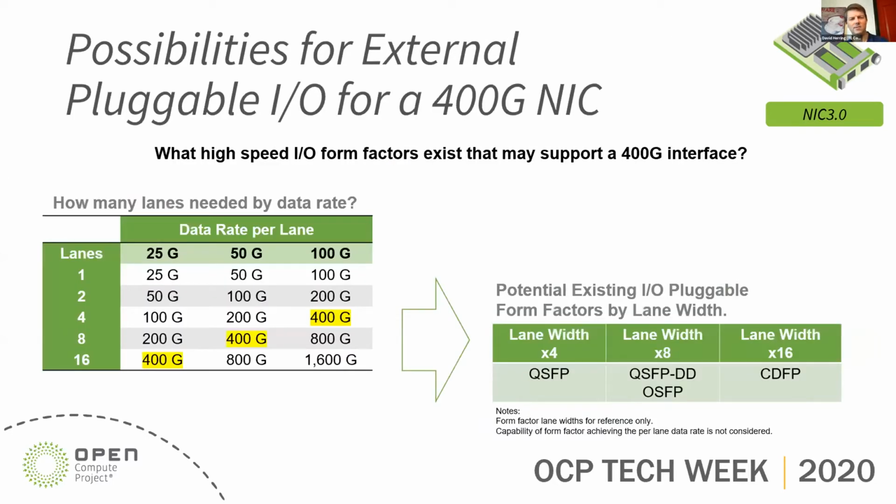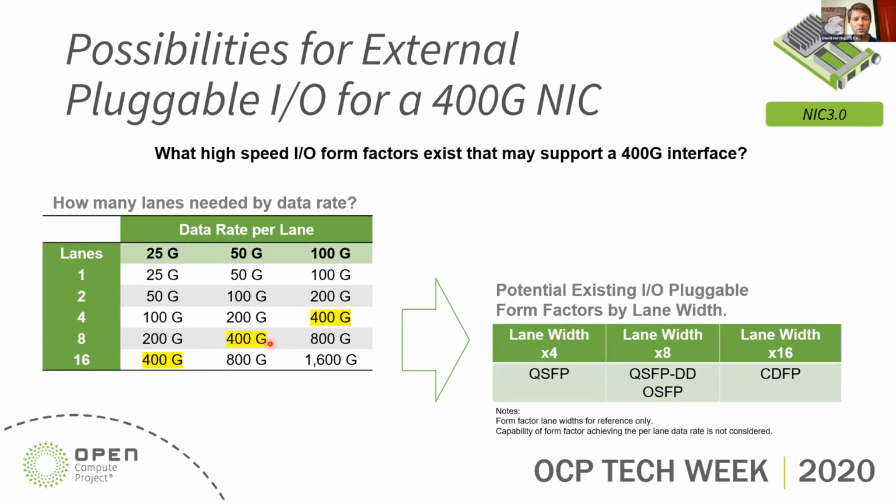So now that we see what the PCIe generations could do to get the bandwidth to the NIC, let's take a look at what the external I/O pluggable form factors might be to enable this. If we look at this table and estimate the number of lanes it would take to achieve 400 gig, we can see that at x4, we could do it with 100 gig lanes.